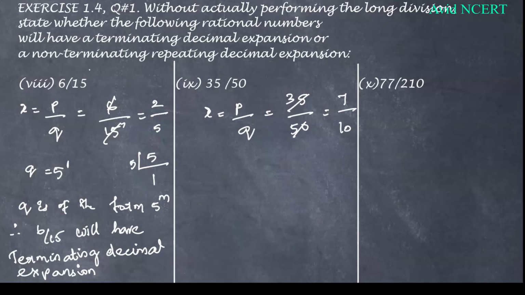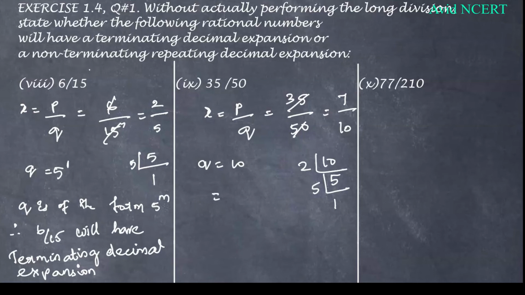And now we have to find the factor for q. So, q is 10. The factor for 10, we'll start with the lowest prime factor 2. 2 fives are 10 and 5 ones are 5. So q is of the form 2 and 5.